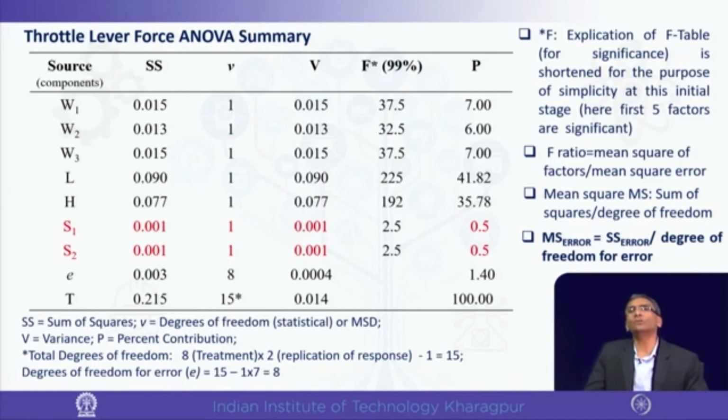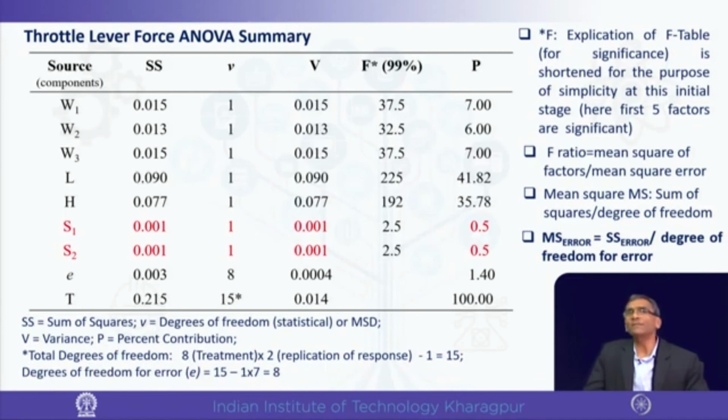Similarly, for washer number 2 it is 6%, for washer number 3 it is 7%, whereas for this lever and casing it is 41.82%, nearly 42, and the other is nearly 36%, 35.78 to be precise. Rest are the values which are not high and they are not significant also, and the error percent contribution also is very small, that is 1.4.